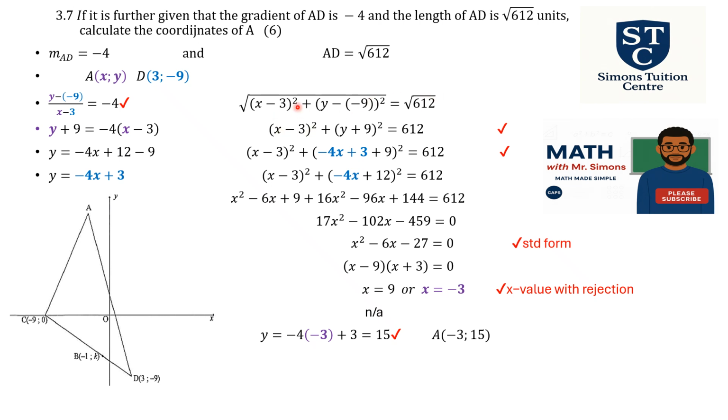It becomes (x minus 3) squared plus (y plus 9) squared equals 612. Now you see I have two variables, x and y, two unknowns. So I have to get rid of one of the unknowns. In the place of y, I place -4x plus 3, plus 9 equals 612. So I'm left with (x minus 3) squared plus (-4x plus 12) squared equals 612.